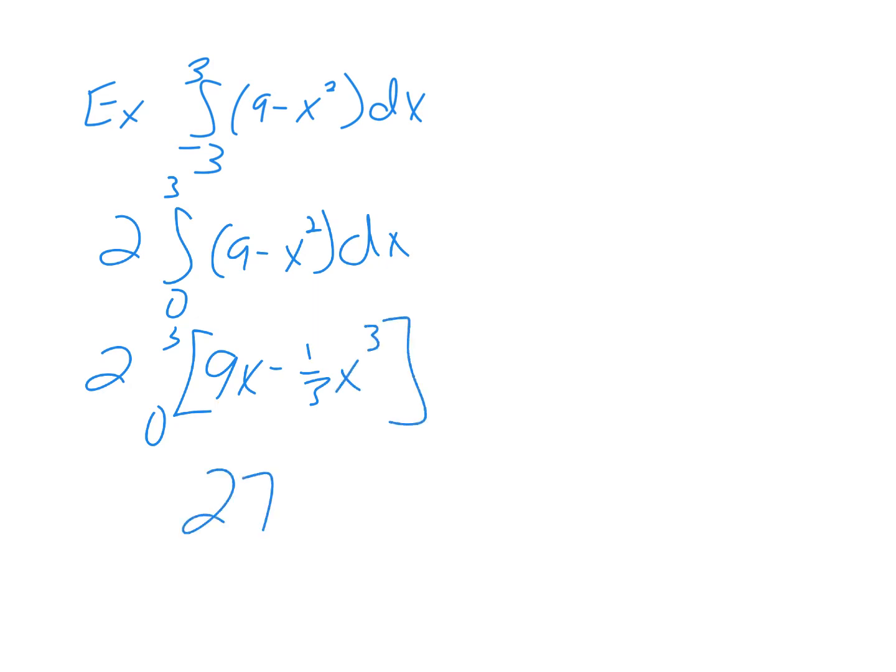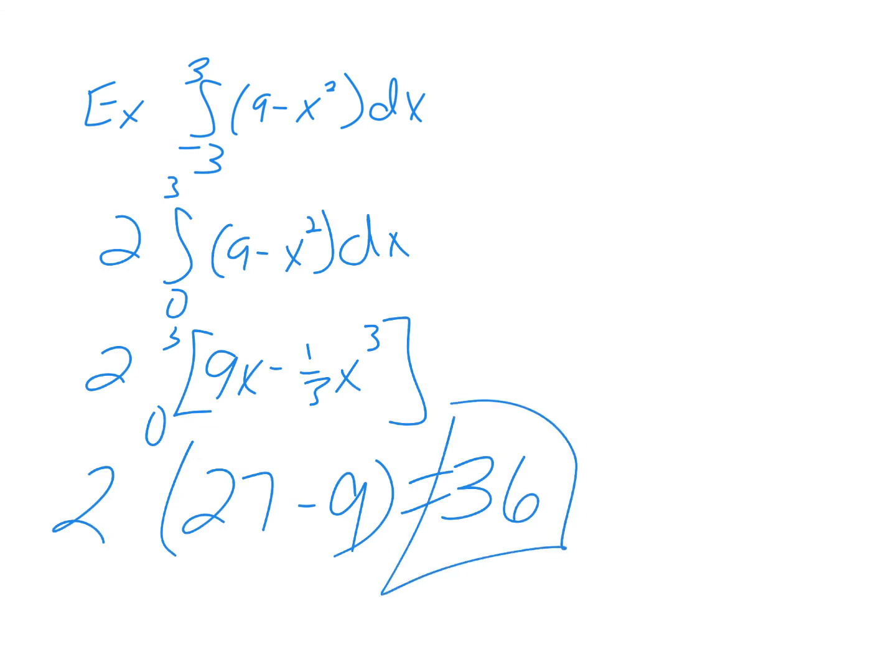It's going to get us 27 minus 3 cubed is 27, times 1/3 is 9. Then minus 0, right? Because we put 0 and you get 0. So you're going to get 2 times 18, which is going to get us 36 for a solution. I appreciate you watching, and we'll see you in class.